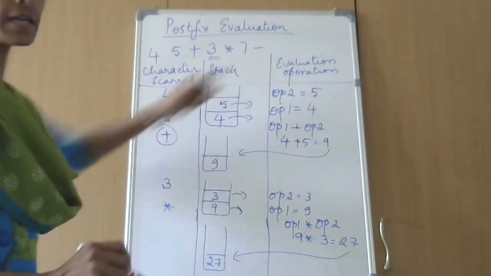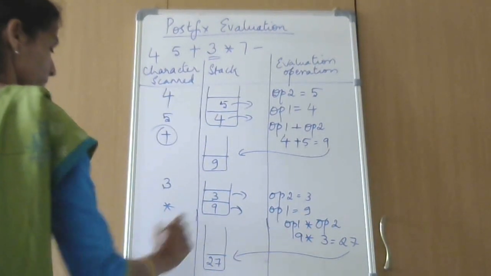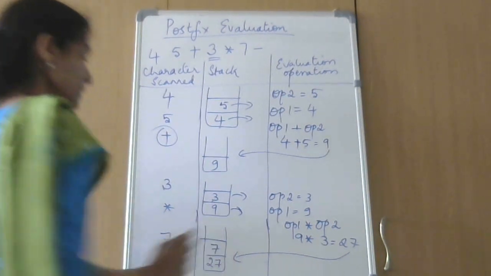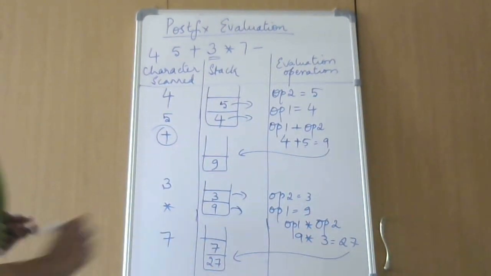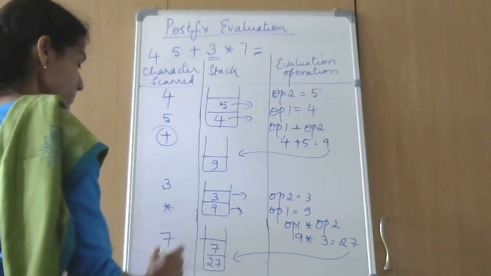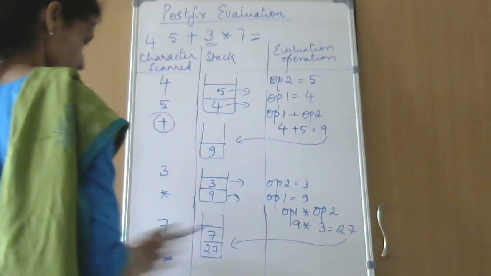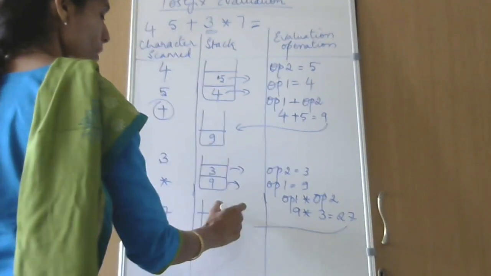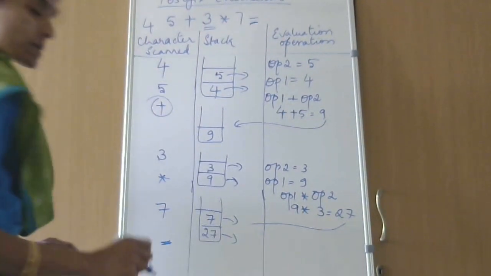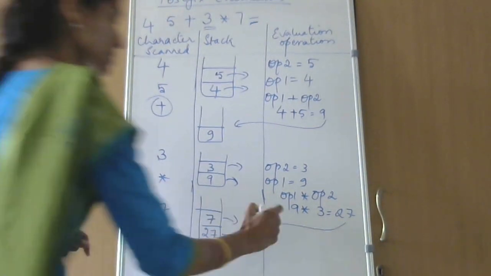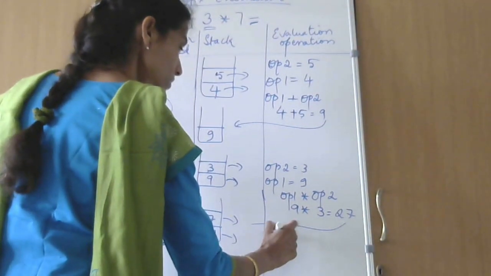What is the next character? 7. 7 is an operand, so I will simply push it onto the stack. Next, the last one is minus. Minus is an operator. What should I do? I should pop out these two elements, perform the minus on them, and push the result onto the stack. So first I will pop it out and store it in a variable.